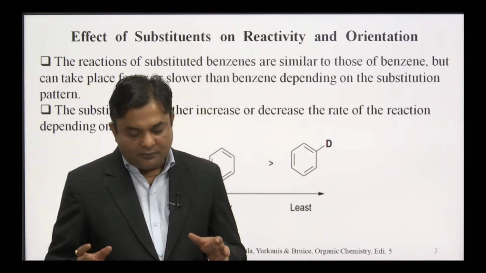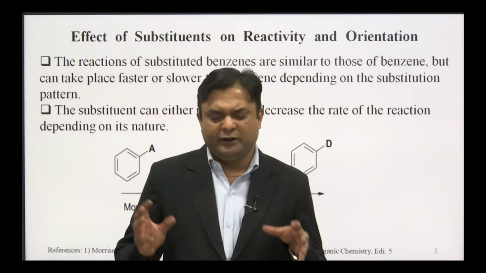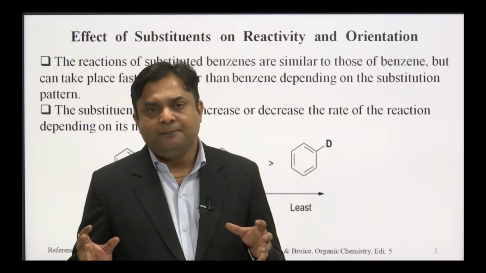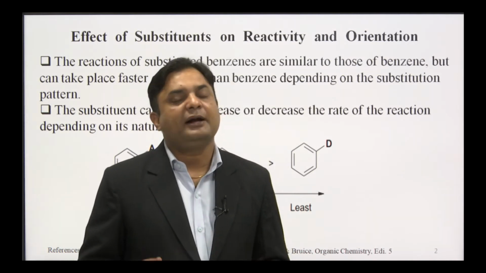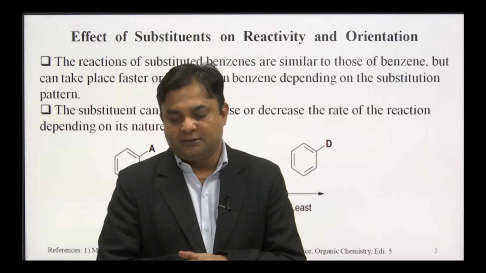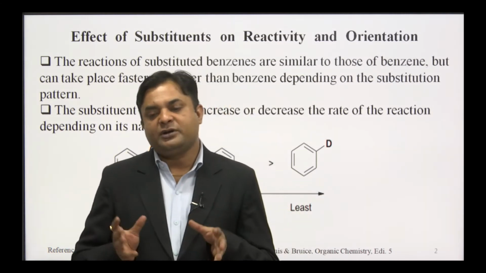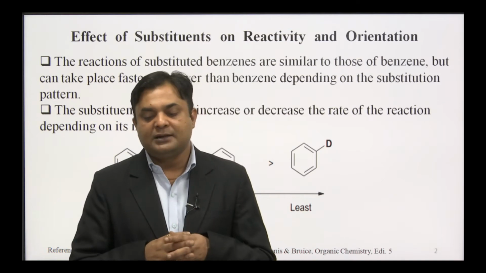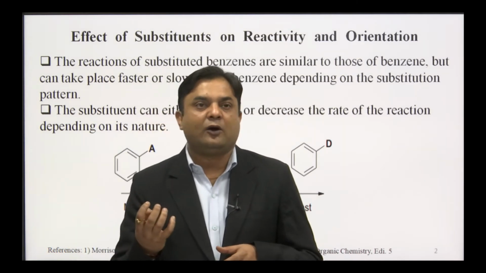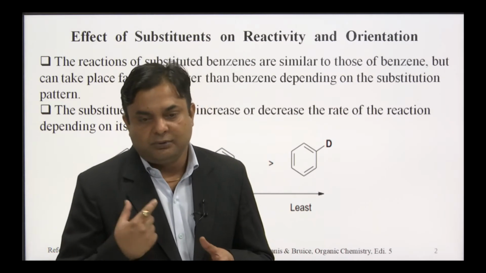You know that benzene has 6 carbons and all the 6 carbons are equivalent, sp2 hybridized. If there is no substitution on the benzene ring, then all the carbons are equivalent, and the coming electrophile can attack any carbon of the benzene.